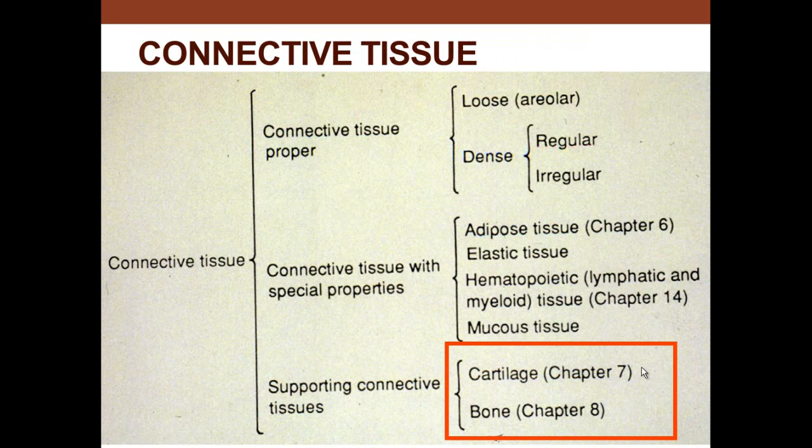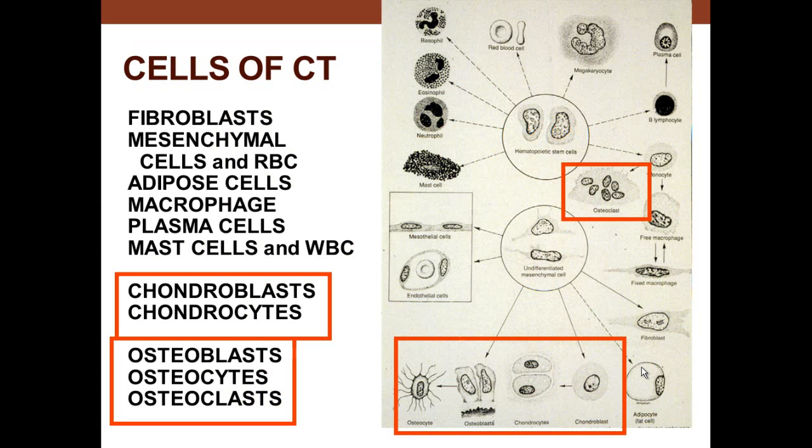Now, connective tissues are of various types, and cartilage and bone are supporting connective tissue. Before, we talked about the connective tissue proper, and today we're talking about cartilage and bone. The cells of cartilage and bone come from where other connective tissue cells come from, and that is from undifferentiated mesenchymal cells in the connective tissue.